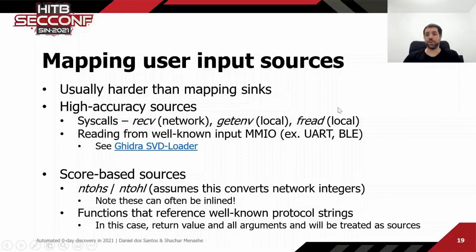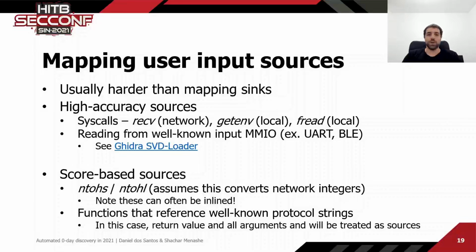Also, and this is much more geared toward embedded devices, if you're reading from a well-known MMIO, memory-mapped IO address, for example, a specific address might be mapped to UART or Bluetooth, etc. Then you also know that reading from that address is actually user input.